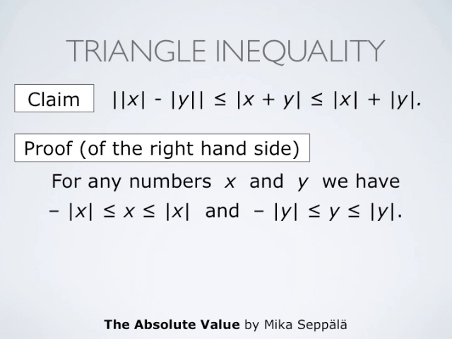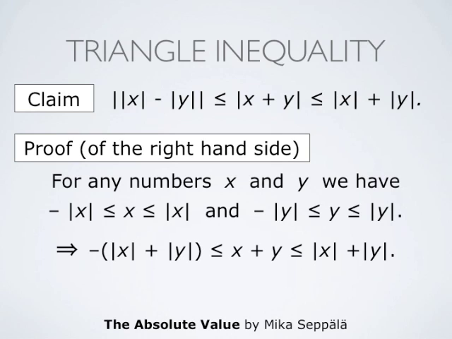And adding these two double inequalities together, we get that minus the absolute value of x plus the absolute value of y is at most x plus y, and that is at most the absolute value of x plus the absolute value of y. But this means that the absolute value of x plus y is at most the absolute value of x plus the absolute value of y by the properties of the absolute value.